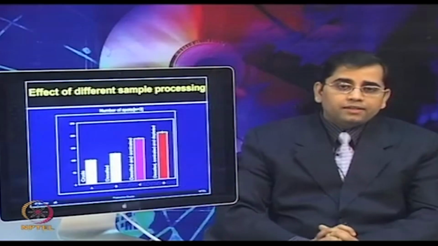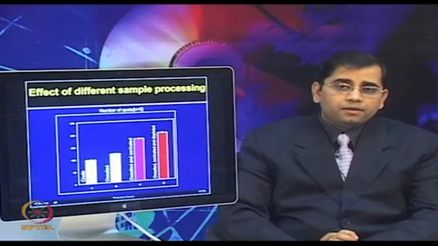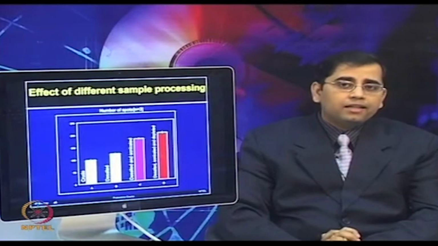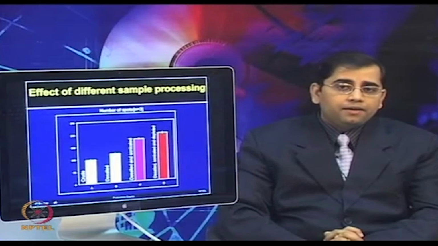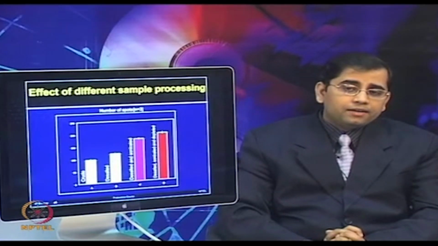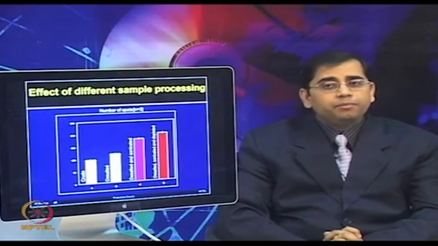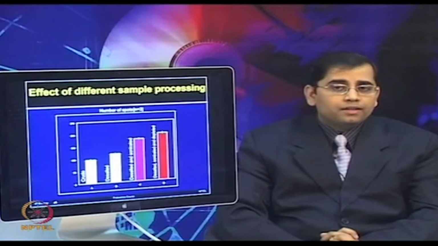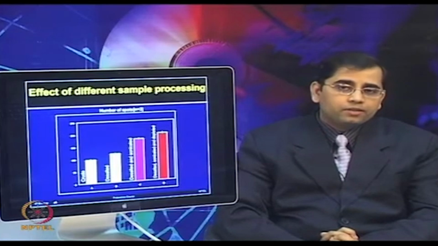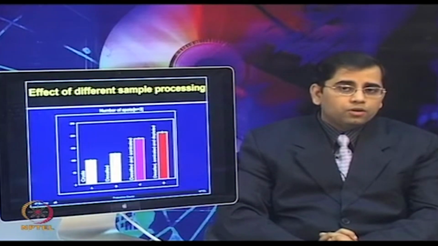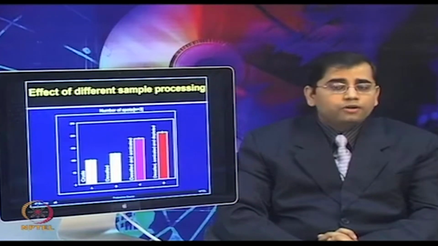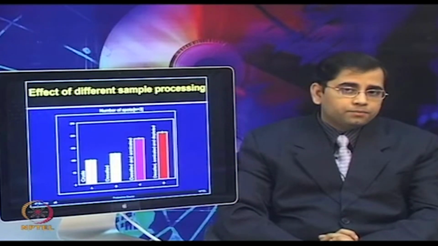You can use urea, CHAPS, IPG buffer, DTT and BPB. So, from the previous study we looked at replicate gels, n is 3 here, and we found that desalted, sonicated and depleted sample gave us the largest number of spots on the gel as compared to crude alone, desalted alone, or desalted and sonicated.